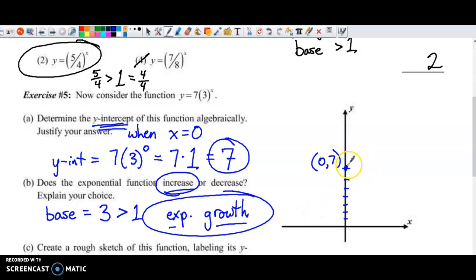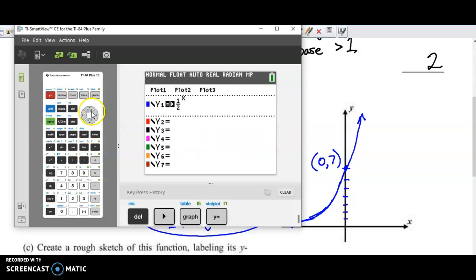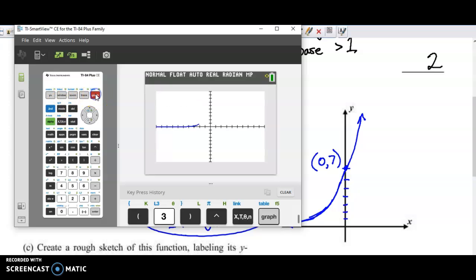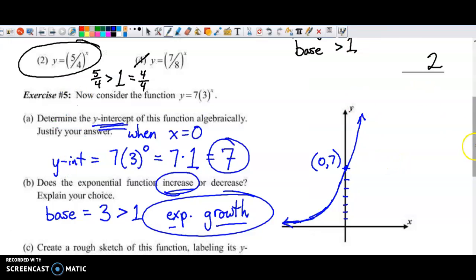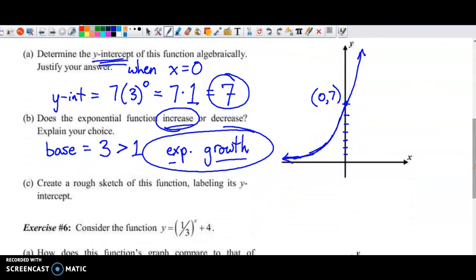So what that means is as it goes to the right, it is going up and to the right, but it is still not crossing the x-axis. So I want to see an answer that looks something like that. Not very well drawn. But I could look at the graphing calculator again, and let's just clear that out. And you can even write it the way the problem looks. And if I go to my graph, you get a rough estimate on what it looks like, just like what I drew there. Yeah, I feel like I already did this next one. Just a rough graph and the answer that it looks like.